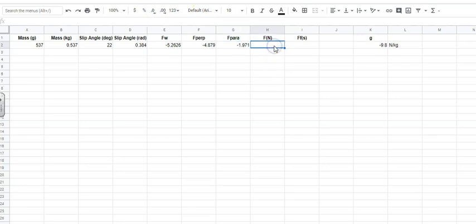Okay, and so what we recall is that the normal force is equal and opposite to the perpendicular force.